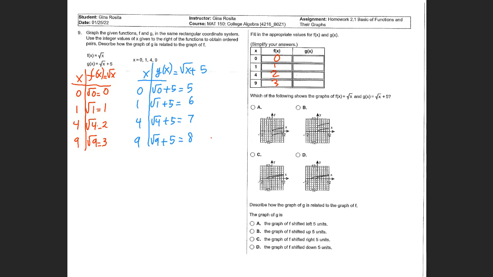Another one for g of x is 5, 6, 7, and 8. So now you have to graph. I'll just graph by myself, because I'm scared it's not working after that. Just plug in over here.